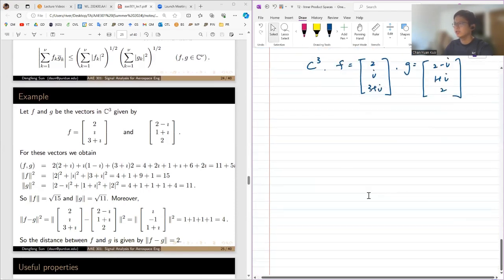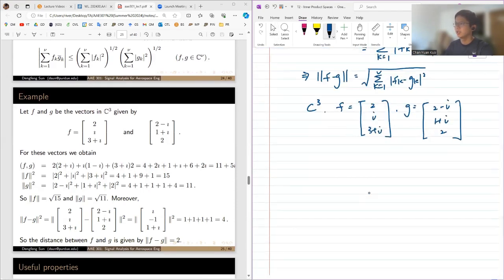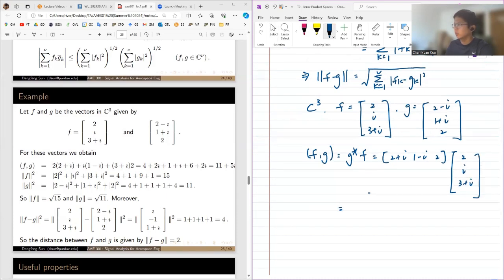The first thing we check is the inner product of f and g. The inner product of f and g will be the complex conjugate transpose of g multiplied by f. So that's going to be (2 plus i, 1 minus i, 2) times (2i, 3 plus i). The result will be the sum of the products.